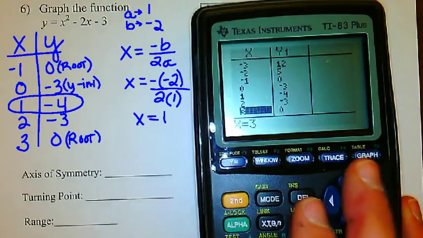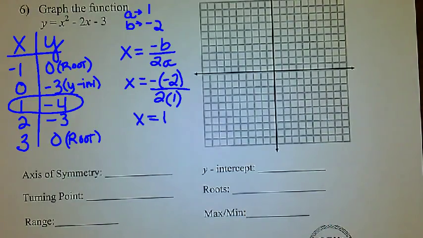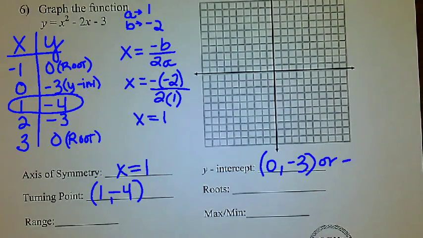So x equals 1. Okay, so x equals 1 is my axis of symmetry. My turning point is 1, negative 4. Y-intercept is 0, negative 3, or just negative 3. My roots are negative 1 and a positive 3, or go ahead and write those coordinates.